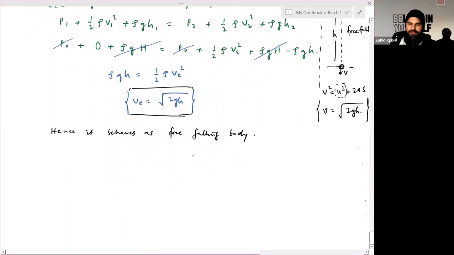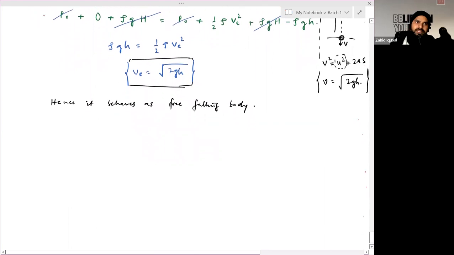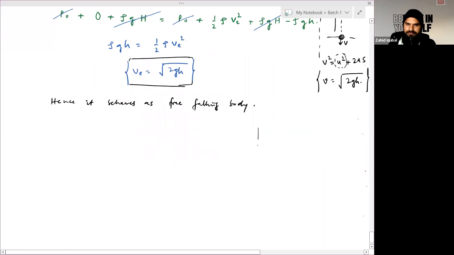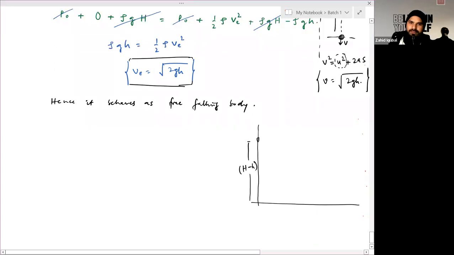Now, related to this velocity and this phenomenon, let's say this is the y-axis and this is the x-axis, and there is a hole at this height h minus small h with respect to the ground, through which liquid is ejecting horizontally at some velocity V_E.